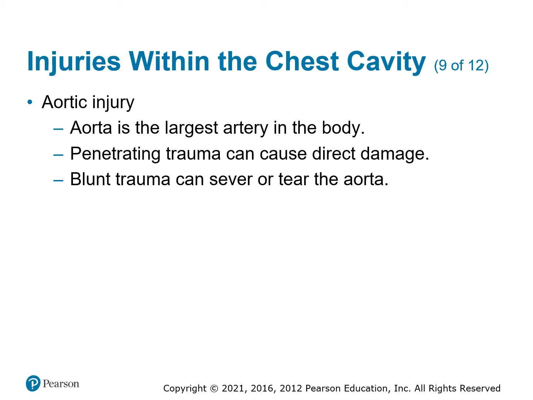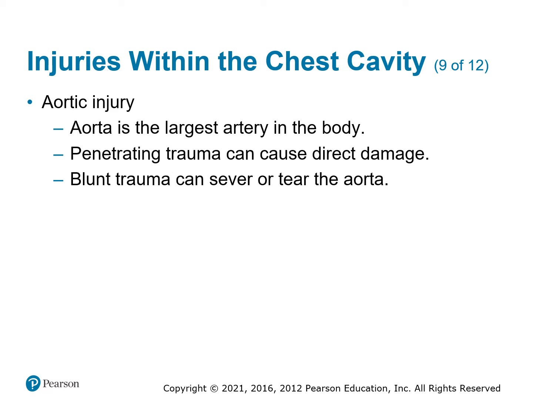And then lastly here is going to be the aortic injury. The aorta, being the largest artery in the body, comes off the heart and then becomes the descending aorta, which travels down the chest cavity into the abdominal cavity.